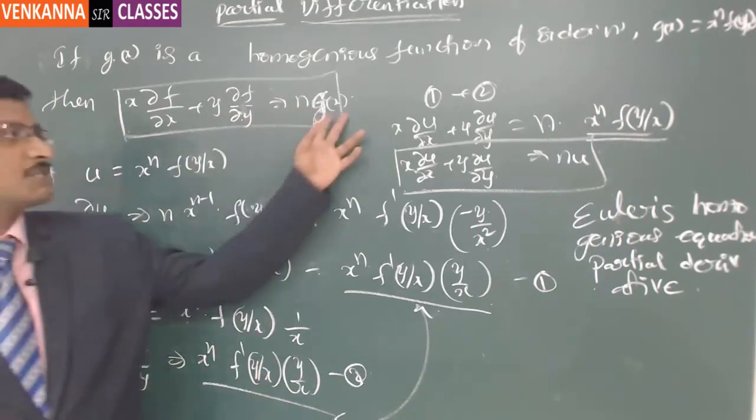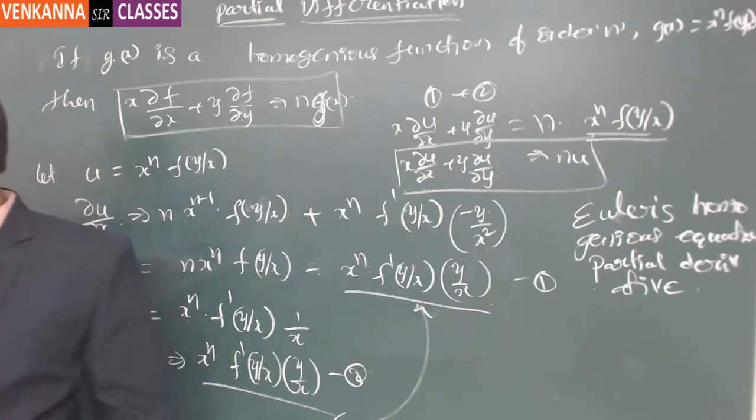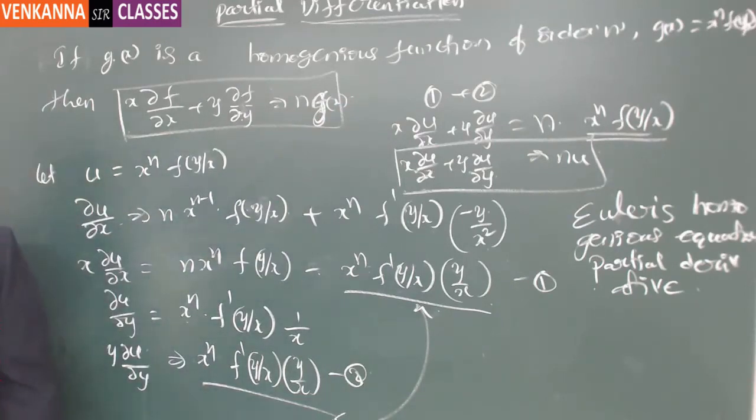So this is n times g of x, which is otherwise x^n into f of y/x. Any questions on this?